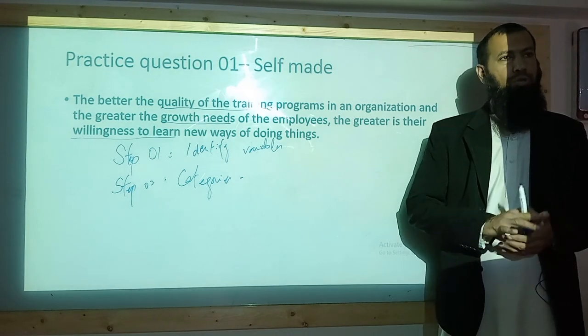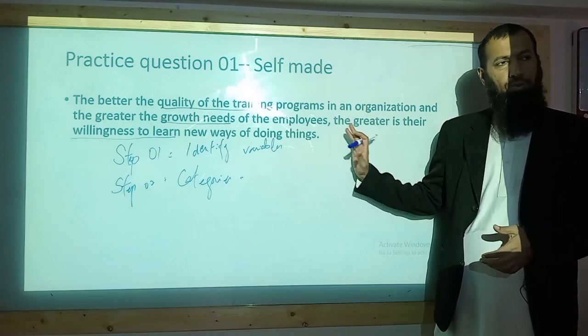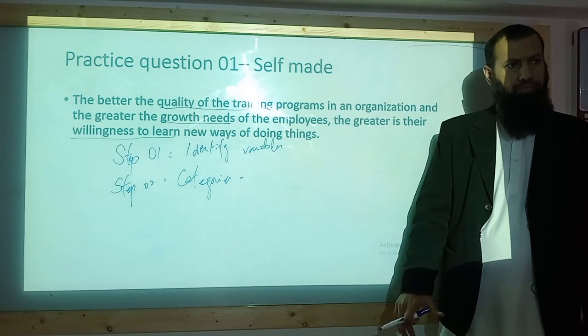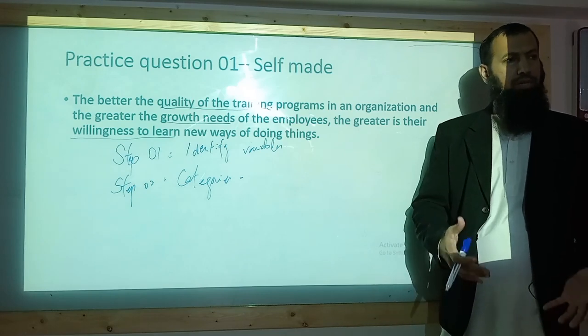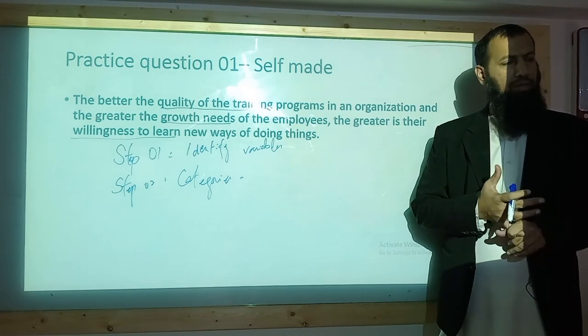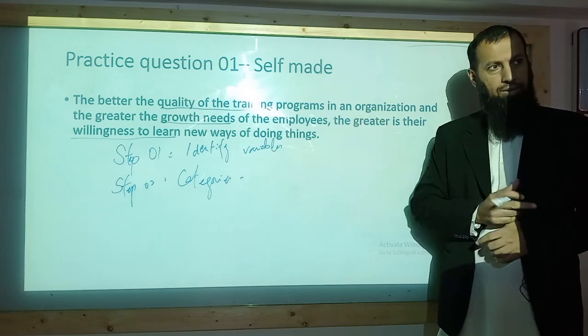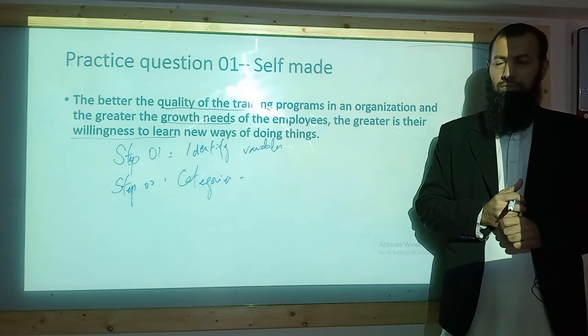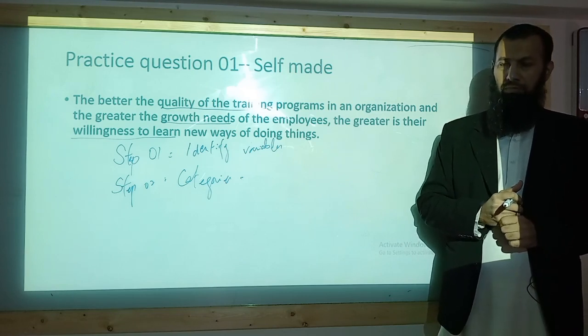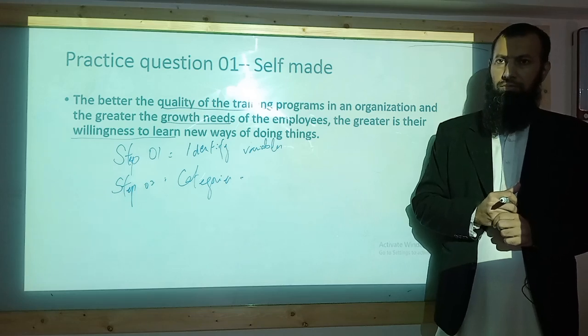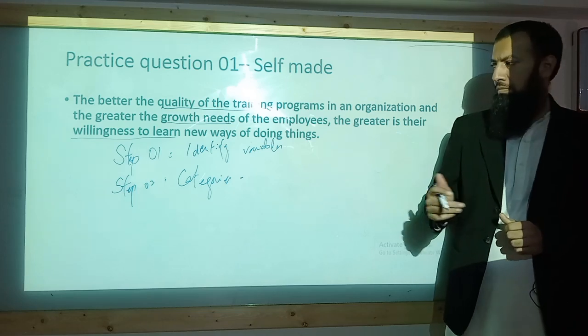No, you are using your common sense, but over here try to understand with these sentences. Do not use your common sense, maybe it would be leading you another way. You have to focus here. If an organization has a quality training program or the employees have growth needs, then automatically the willingness will happen.